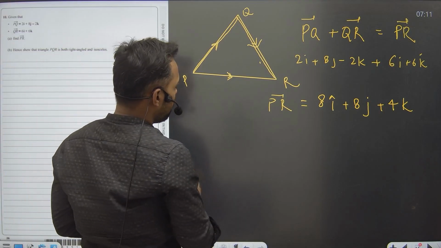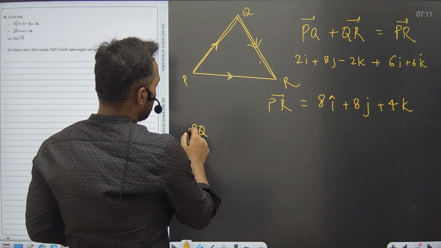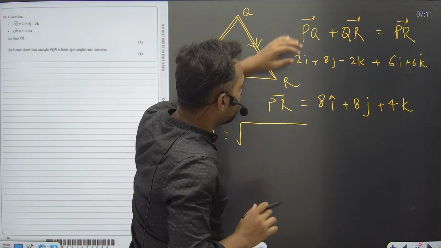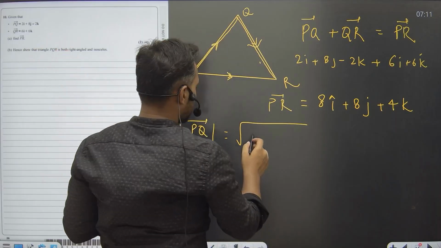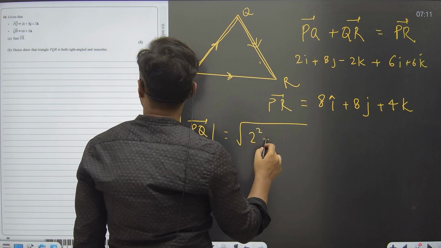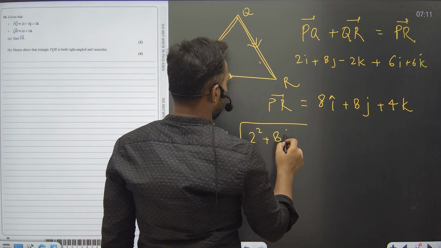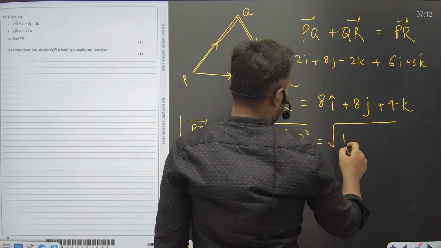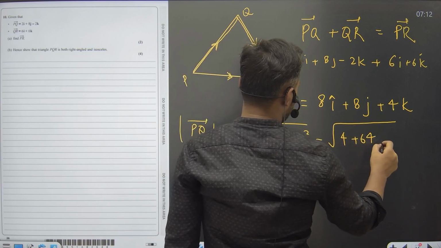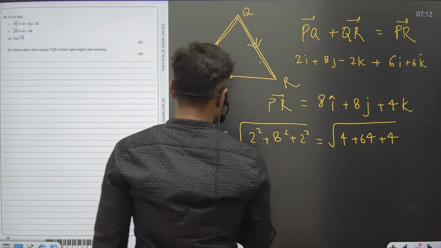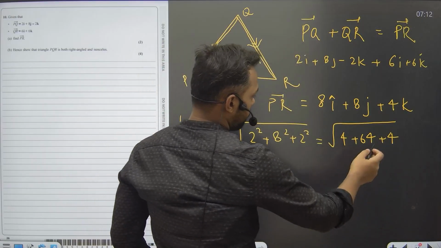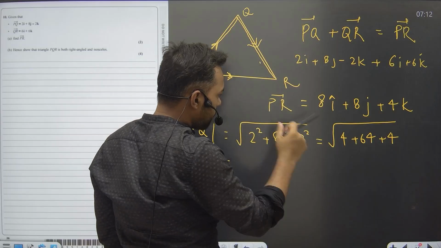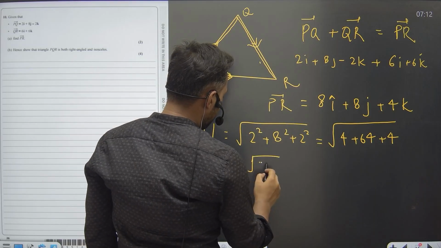So first we need to find the magnitude of the PQ vector. The magnitude of PQ vector will be the square root of 2 squared plus 8 squared plus 2 squared, which equals 4 plus 64 plus 4. That will be 68 plus 4, which equals root of 72.